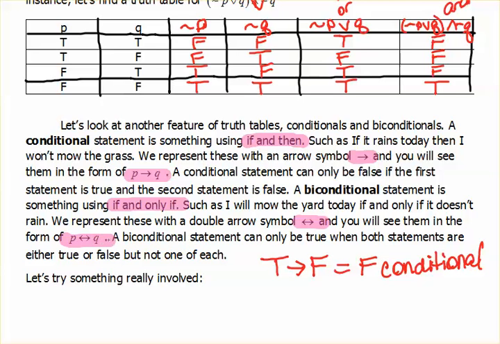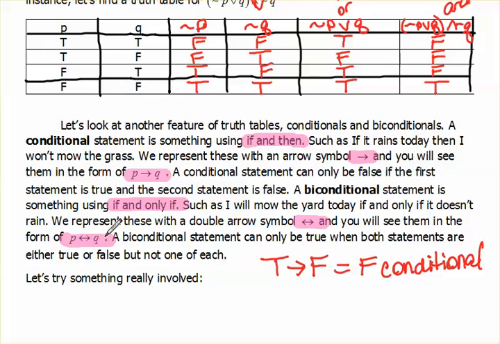So you'll see them written in this form of P, and then you've got your biconditional or your double implication, if and only if statement, Q. So a biconditional statement can only be true when both statements are either true or false, but not one of each. You cannot have truth implying false. That's something that you cannot deal with.